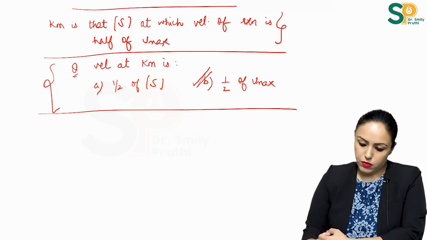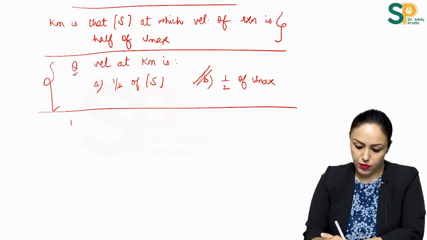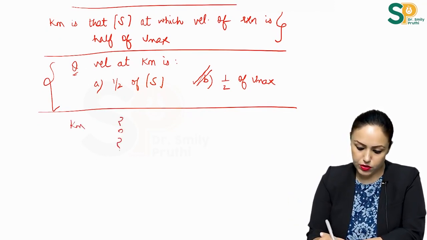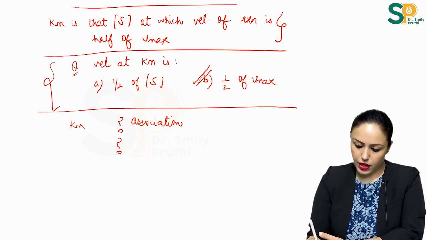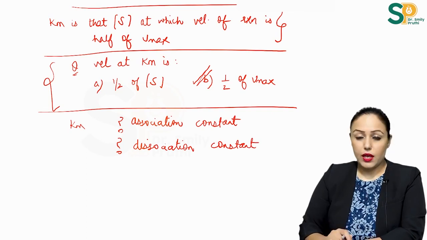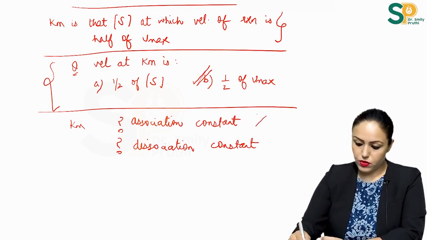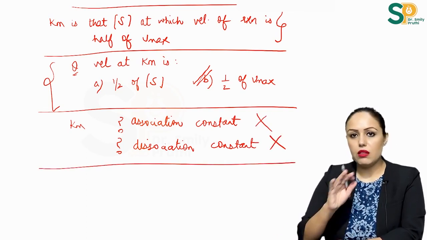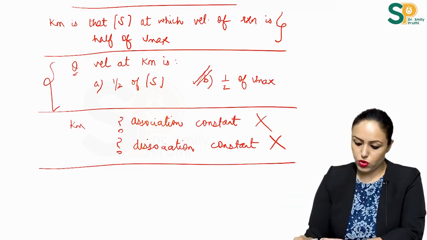Okay, moving on to further things for Km. Sometimes they ask in the options of the question: is Km an association constant? Is Km a dissociation constant? Any such line written is wrong. Km is neither an association nor a dissociation constant.